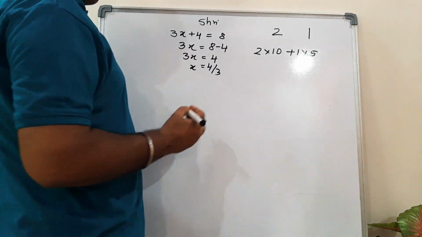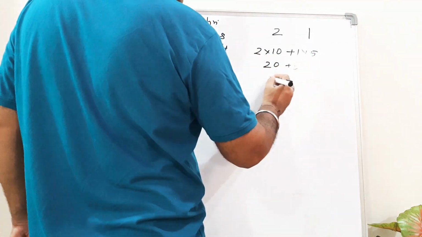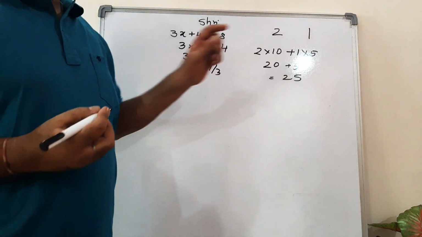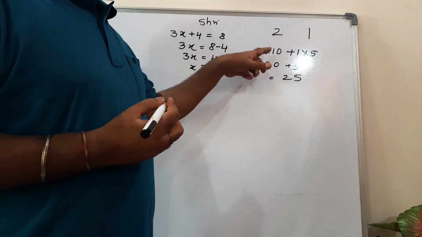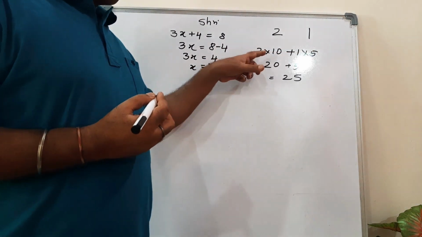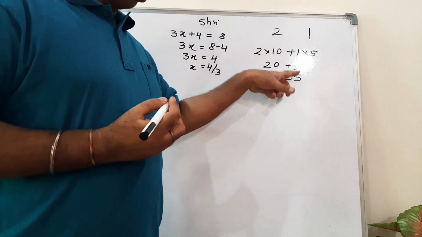Then the total amount will be 20 plus 5 is equal to 25. How much are you going to pay? Rupees 25, because the cost of the samosa is rupees 10 and the cost of the kachori is rupees 5. Therefore, the cost of 2 samosas will be 2 into 10, which means 20, plus 5 into 1, which means 5.